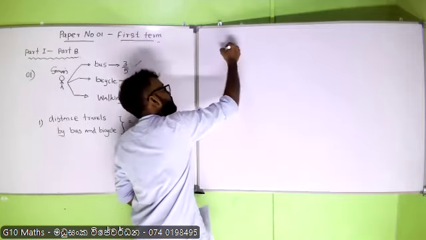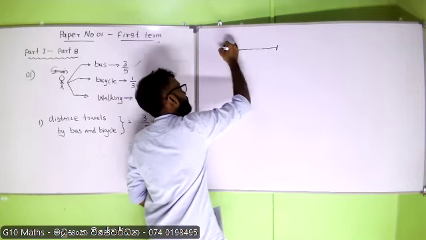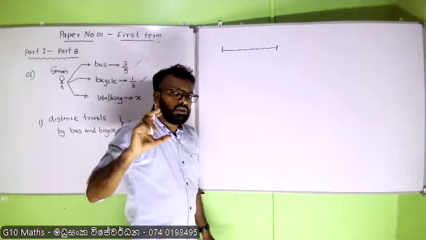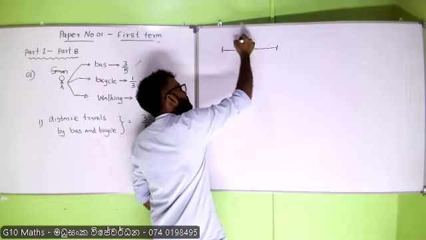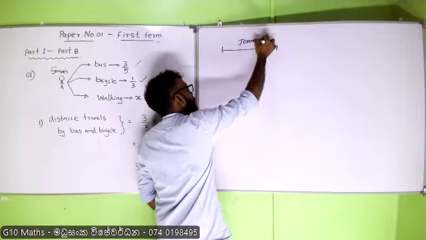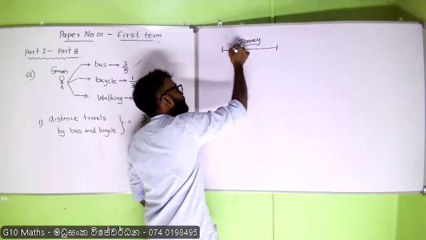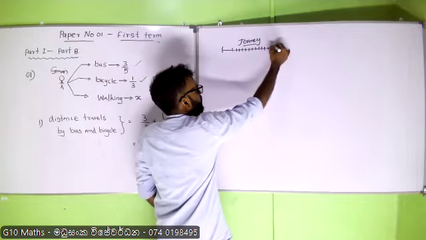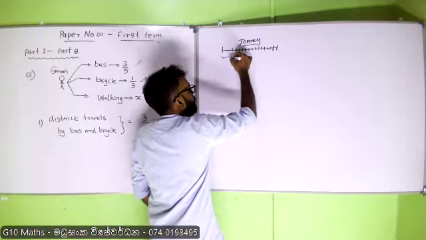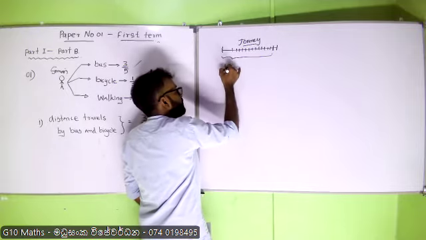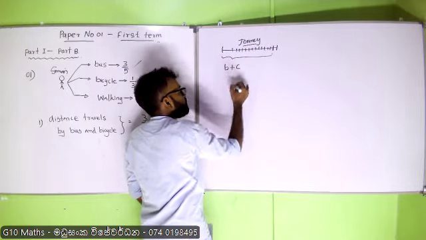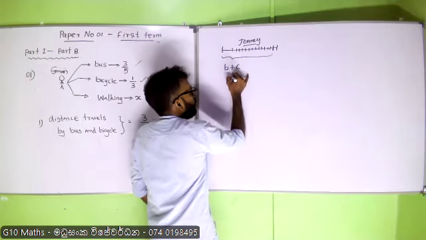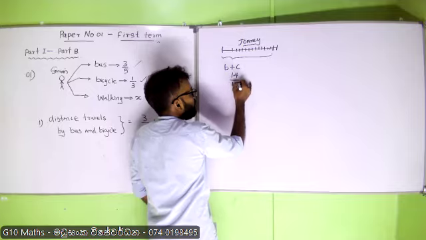There is a journey, and if you divide this total journey into equal 15 parts, 14 parts have gone by bus and bicycle, 14 parts out of 15.